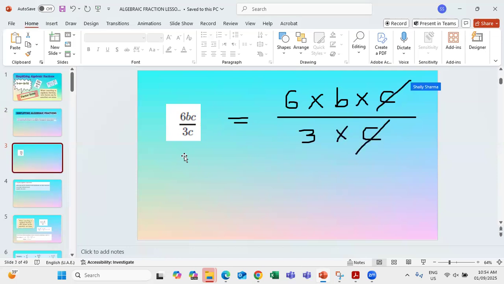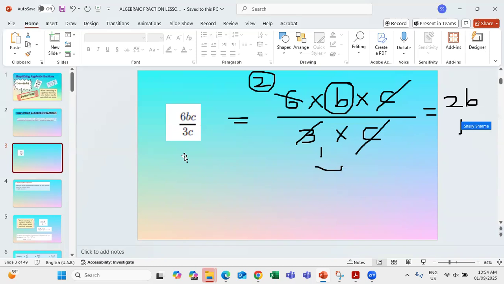So c and c cancel out. Then we have 3 times 1 is 3 and 3 times 2 is 6. So what we got at the end is 2 multiplied by b, which is 2b, and in the denominator I just got 1. Because 1 is the denominator, we will not write it, we can just write the numerator, which is 2b. So this is the simplification of this algebraic fraction.